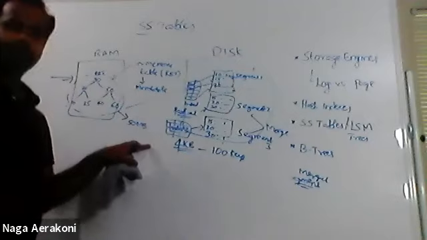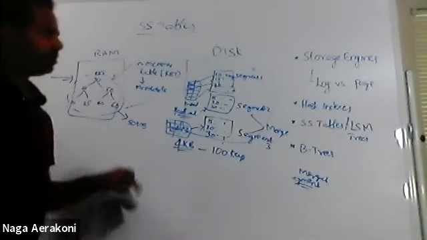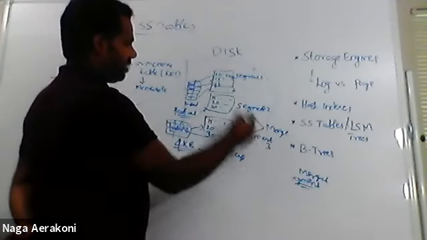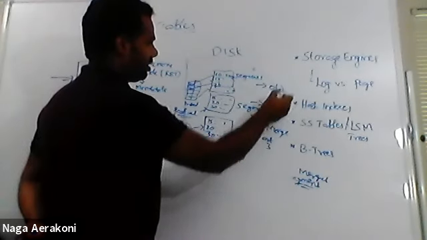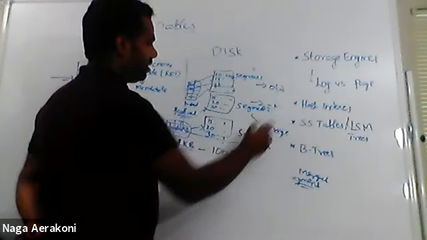So even before merging, if we search for it, we still need to search in all the segments. Let's say I have record 1 in segment 1 and also record 1 in segment 3, and now the user searches for record 1. We know that this segment is the old one, this is the next one which came, and this is the latest.